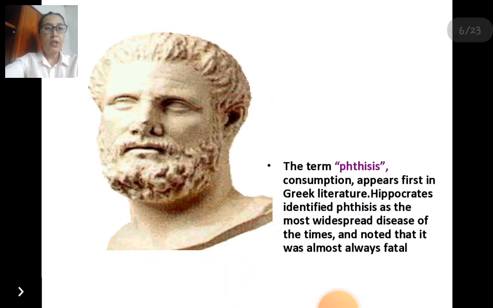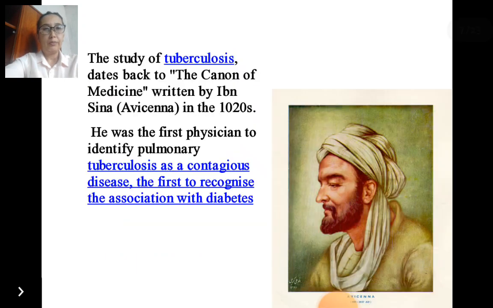The term phthisis, consumption, appeared first in Greek literature. Hippocrates identified phthisis as the most widespread disease of the time and noted that it was almost always fatal.